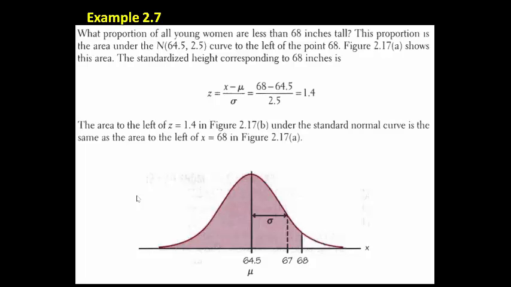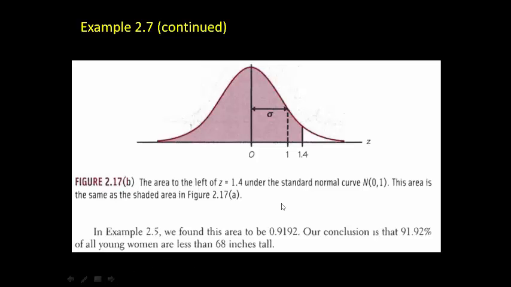When we plug it into our z-score, we get 1.4. This is what a normal distribution looks like. See the normal curve, see it's at 68 and it's shaded all the way back to the left. Okay, at 1.4 standard deviations above the mean, oh look, it looked very much like the curve that we just saw. It's 1.4 standard deviations above the mean.